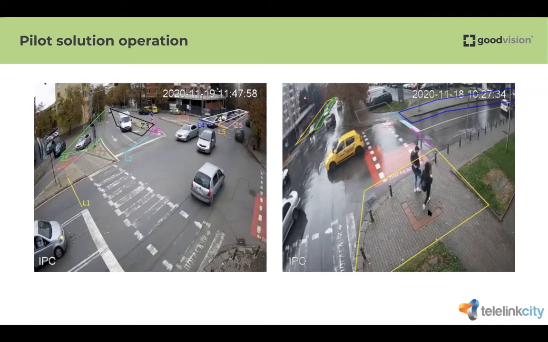It was also important for us to add another level of control by analyzing and getting the data about pedestrians and bicyclists as well. And on this slide, you can see examples of the setup for the GoodVision solution that we used.